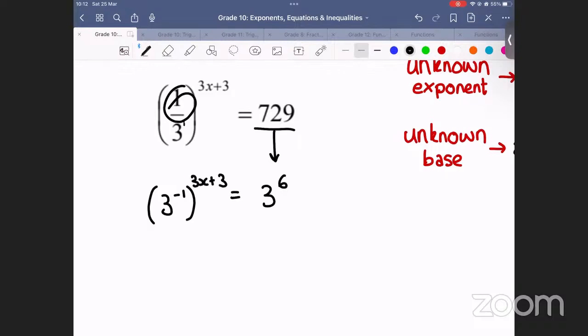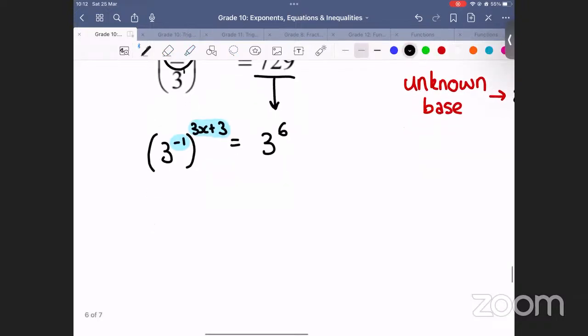But now you might be thinking, is it not the same base? It still is the same base, but 3 is not alone as a base. We want to get rid of our negative 1. Now, if we remember the rule of exponents, here we have a power, negative 1, to another power, 3x plus 3.